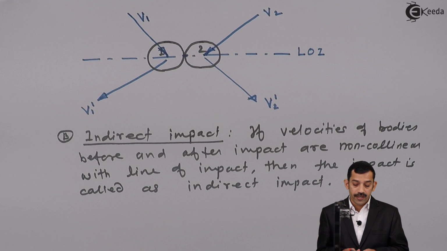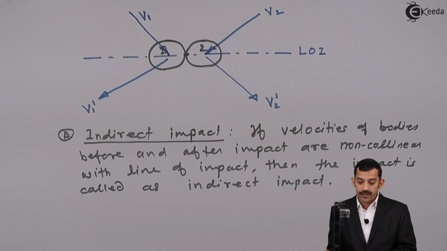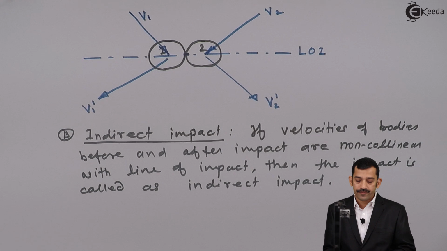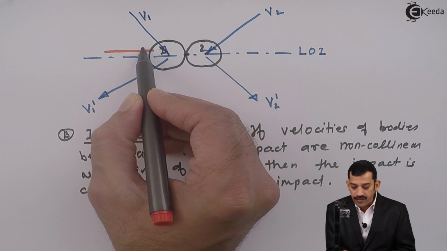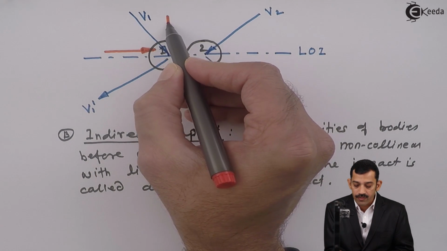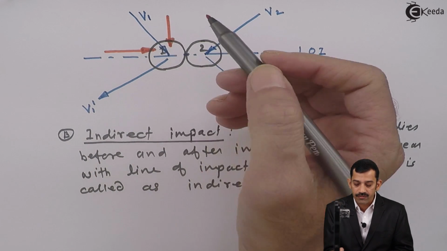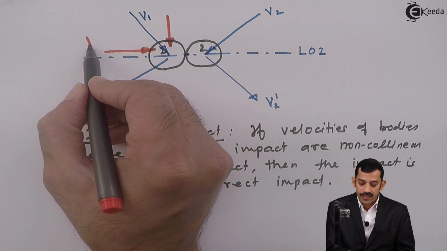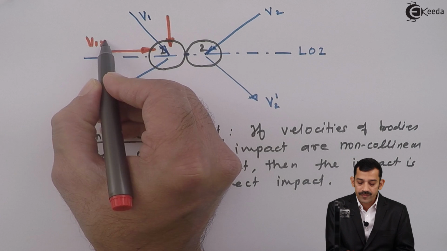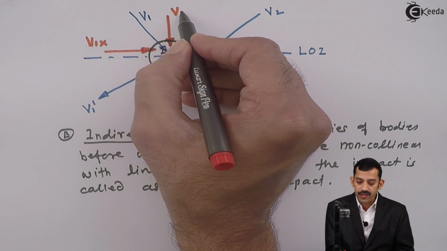That means v1 is the velocity of body 1 before impact. If I resolve it, you will get this horizontal component and this vertical component. If we resolve v1 just before impact, along the line of impact, the horizontal direction, I will write v1x, and this one is v1y.